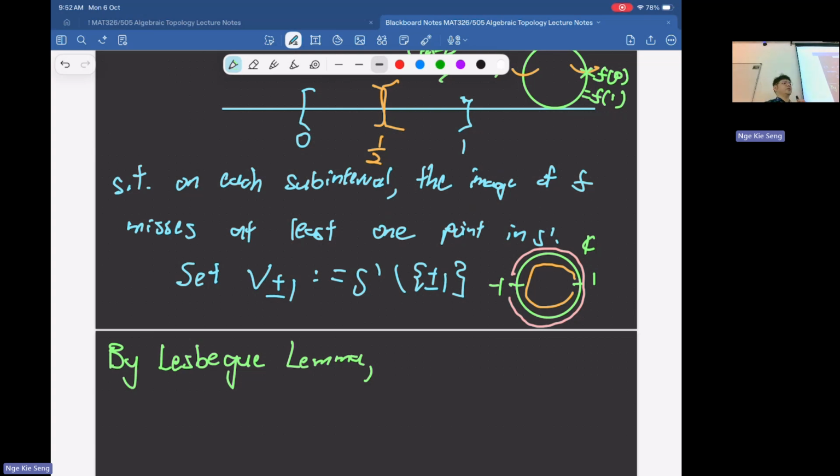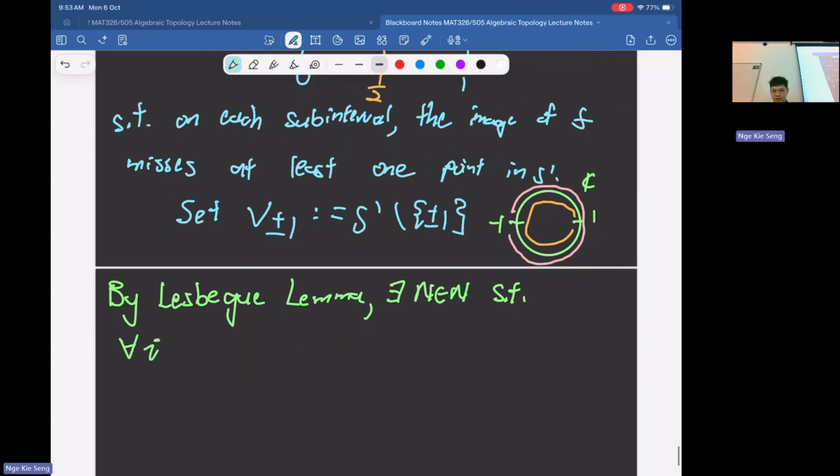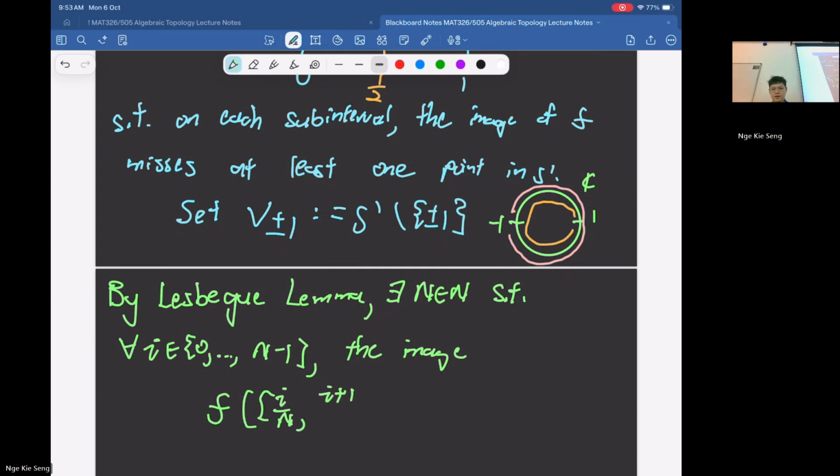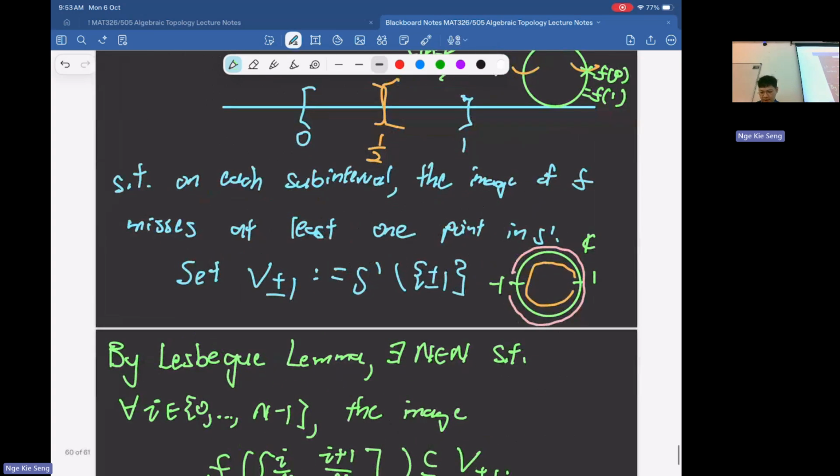Now we have produced two open sets, so the Lebesgue lemma gives us a finite number n such that for every i from 0 up to n minus 1, we only care about a 1-dimensional interval. So we can chop up our closed interval because it is compact.